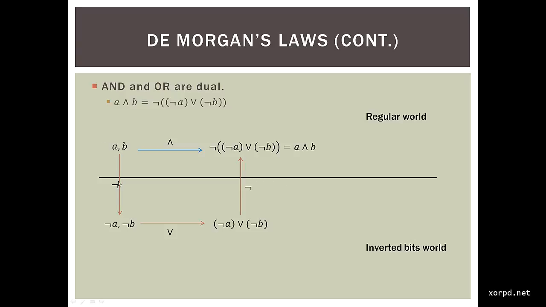Once you know how to create this expression, by getting to the inverted bits world, then doing OR, and coming back from the inverted bits world to the regular world, looking at this expression is not scary at all. You can understand and remember this expression very easily once you know this route.